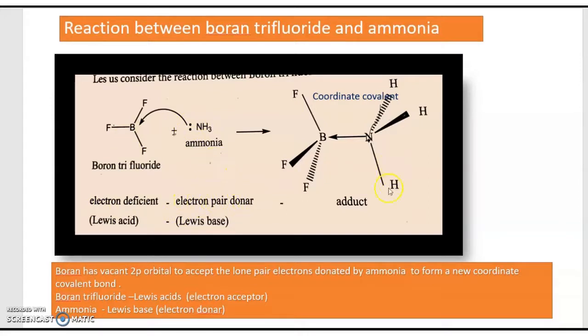The product is an addition product, and the bond between the Lewis base and the Lewis acid is a coordinate covalent bond, where the electron pair comes from nitrogen to boron. So boron trifluoride is a Lewis acid, an electron acceptor, and ammonia is a Lewis base, an electron donor.